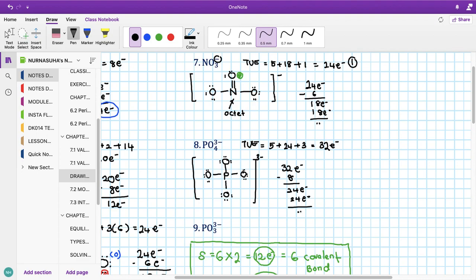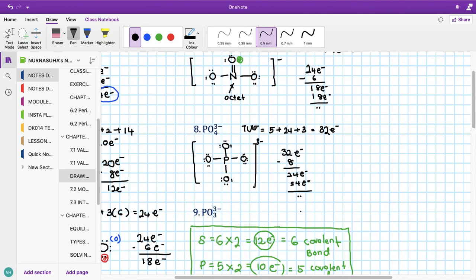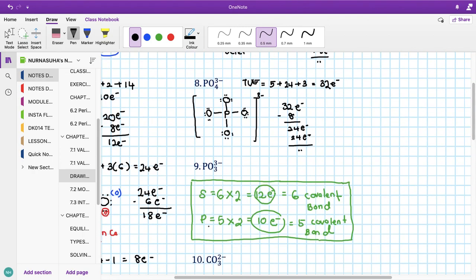Okay, next one. Okay, kalau ikutkan memang semua atom tu octet. Tapi ingat balik kita punya rules tadi. Phosphorus kan ada 5 valence elektron. Phosphorus dia dekat period 3 and period 3 can form more than 8 valence elektron. Okay, so now kita dah discuss formula untuk phosphorus.